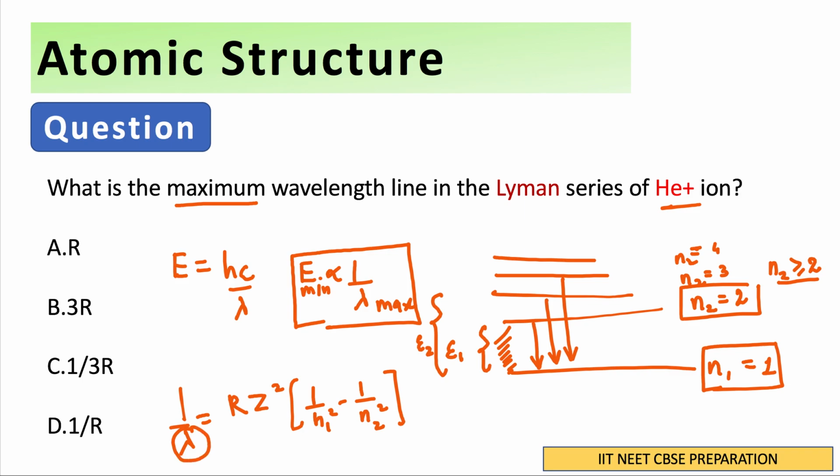Z is already given in the question. n1 is already given because they have given the Lyman series, so n1 is equal to 1. And Z is equal to 2. So two things were already given. What we had to find was n2. We found it from the concept that maximum wavelength means minimum energy, and minimum energy is when the transition is from n2 equal to 2 to n1. That is how we found Z, n1 and n2.